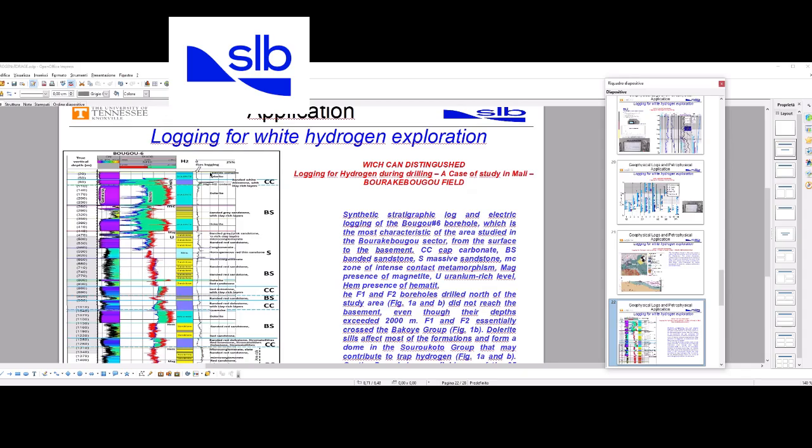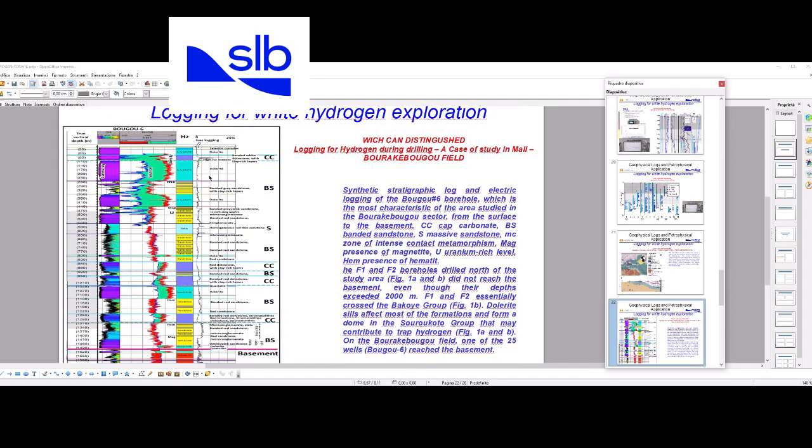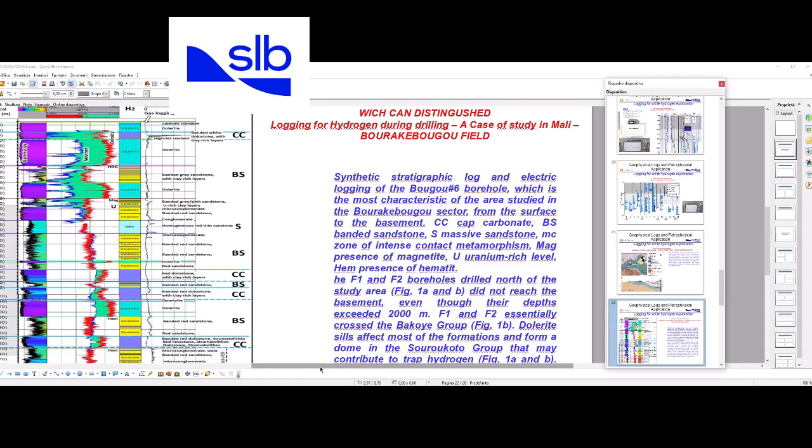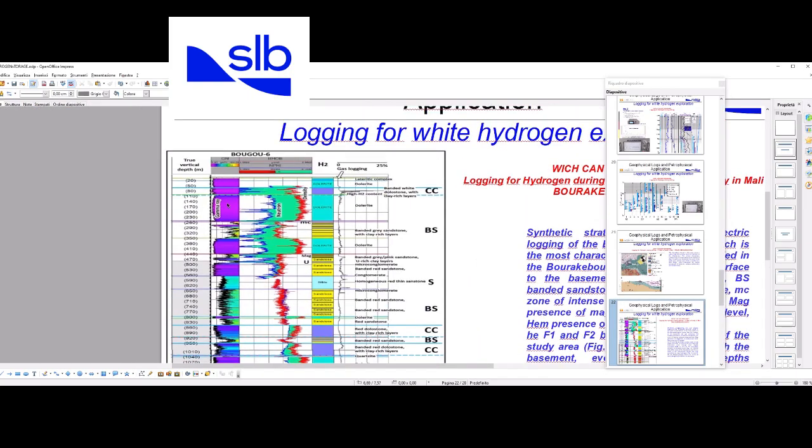So the first log activity, in this case, is a log with the gamma ray and gas logging, that I show you in a synthetic graph. In this case we have the gamma ray, neutron log and gas logging.